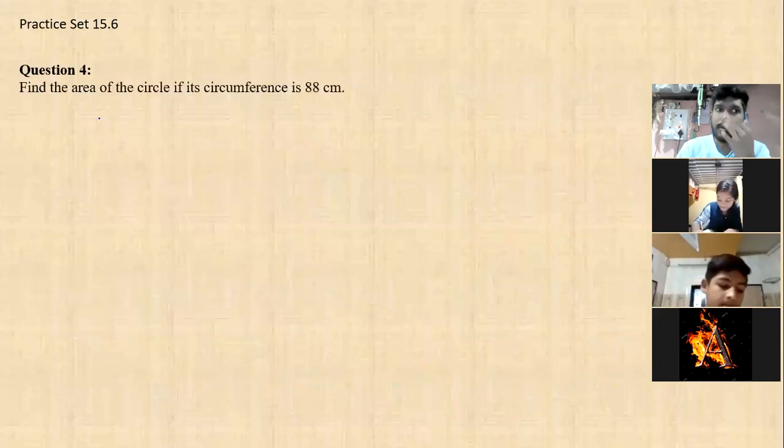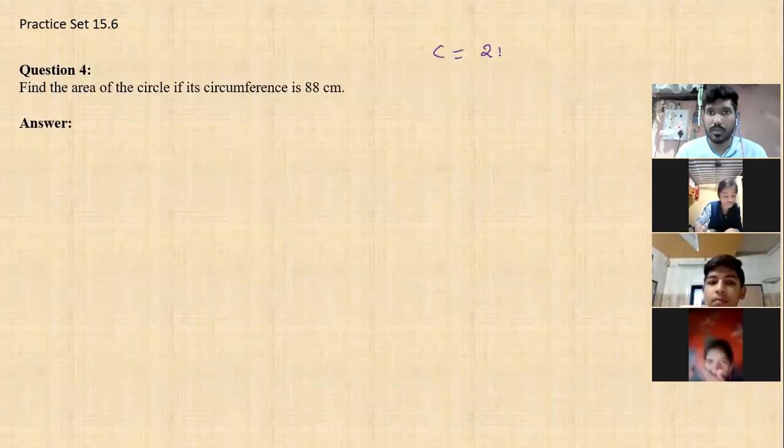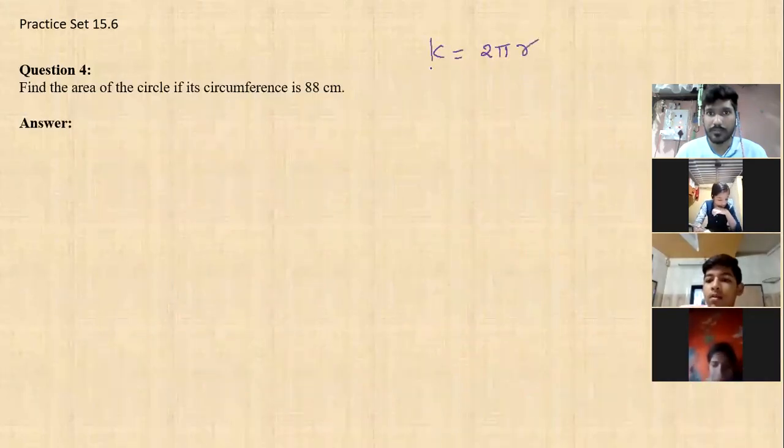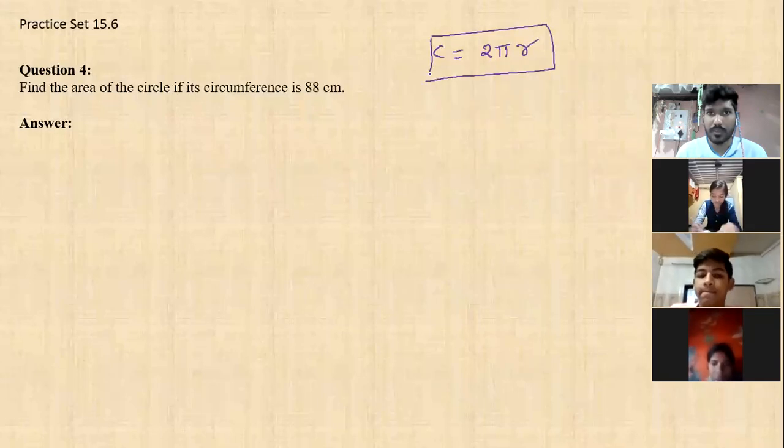Okay. Question 4 of your exercise 15.6. Find the area of the circle if its circumference is 88 centimeters. So we know the circumference formula. Circumference is 2 pi r.